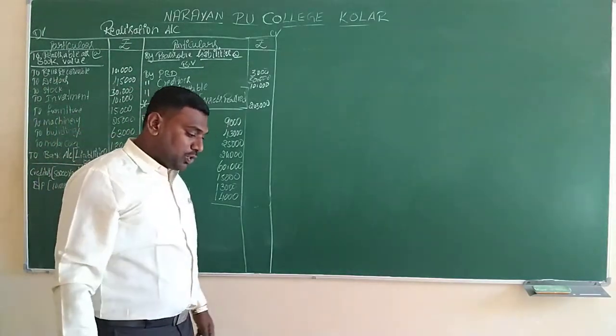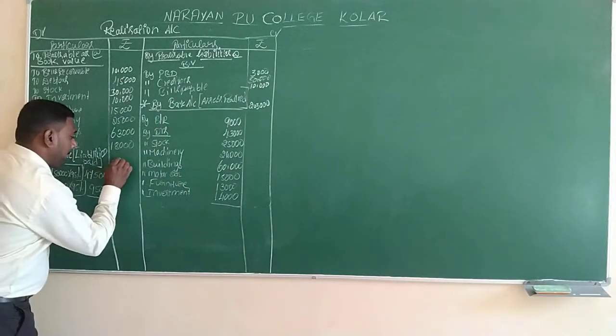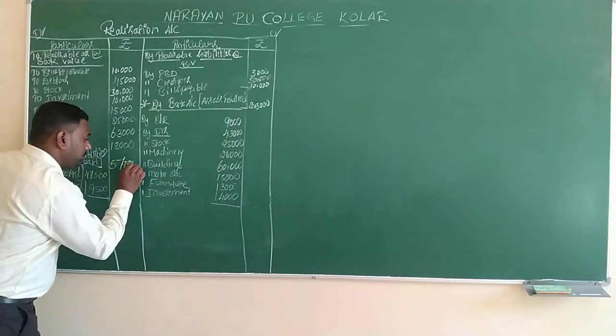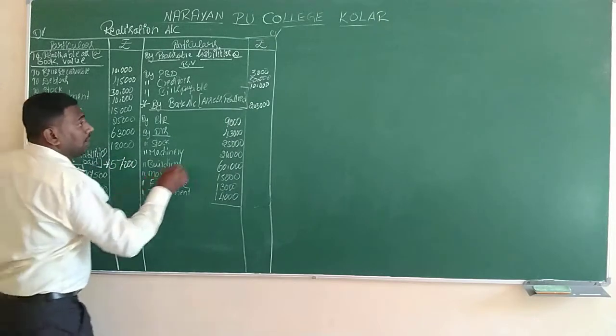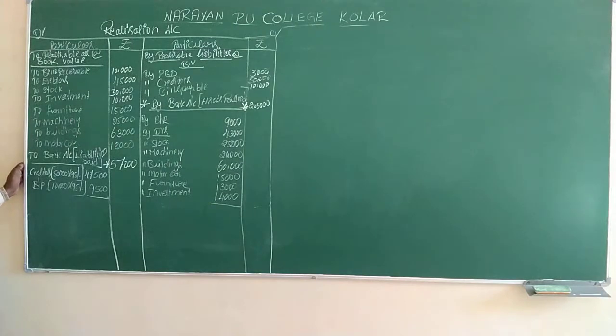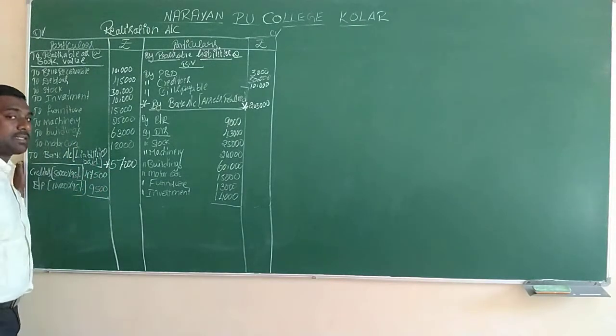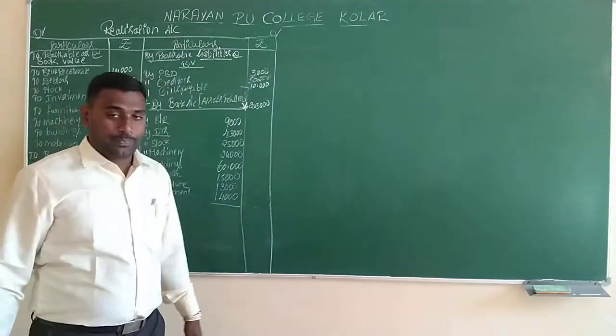By adding these two, we get 57,000. So we have an income of 2,03,000, but the payment we have to make is 57,000. This is the compulsory payment. This is step number 4.